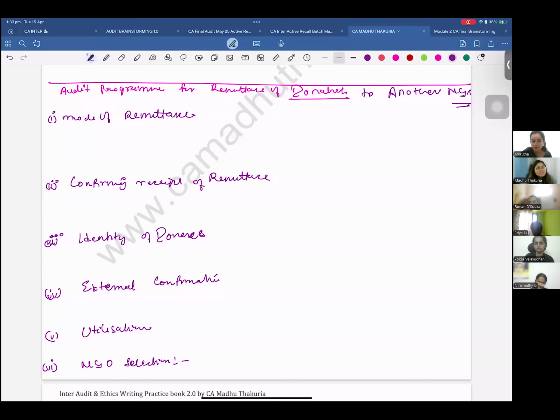It can be for any purpose, but you are remitting the donation for another NGO. So a lot of big NGOs do that. For example, there is an NPO of Nita Mukesh Ambani, right? Now she's a big personality, so she can easily raise huge amounts of funds from the foreign contributors. She can take other NGOs under her power, collect the money in the name of her NGO, and then remit that amount as donation to the other NGOs.